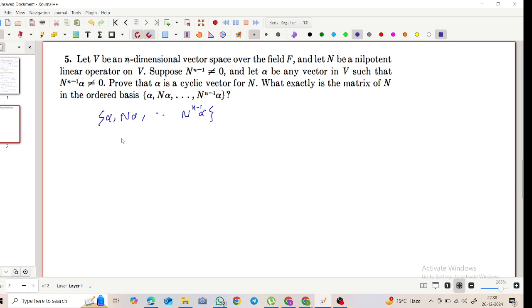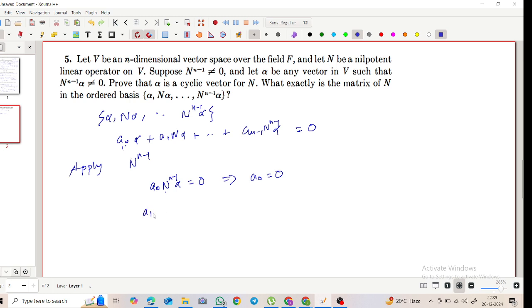Okay, so take a linear combination equal to 0. Now apply N to the power n minus 1 on both sides, you get the rest of the terms are 0, because here the power of N is at least n. This implies a0 times N^(n-1) alpha is 0, so a0 equals 0 because this is non-zero. So you put a0 equals 0 here. Now the equation boils down to this.